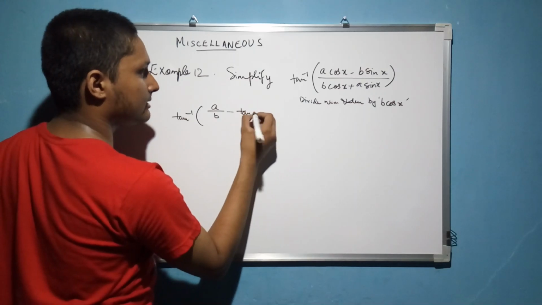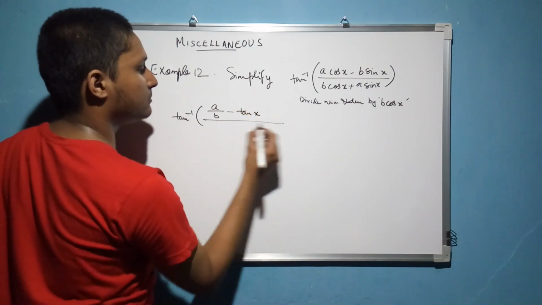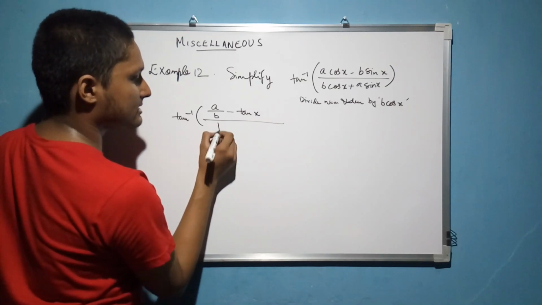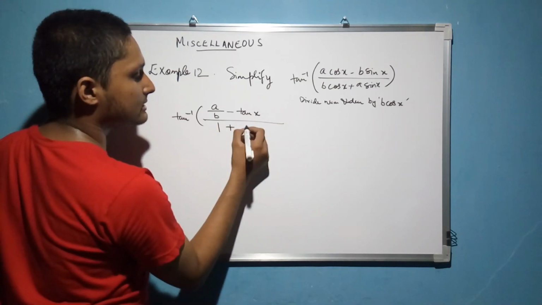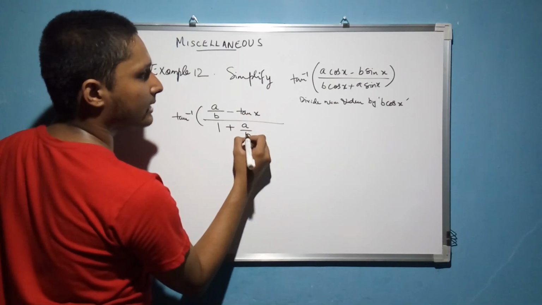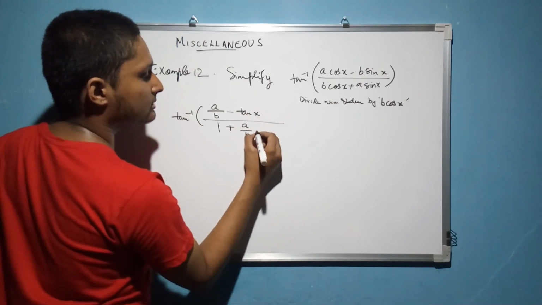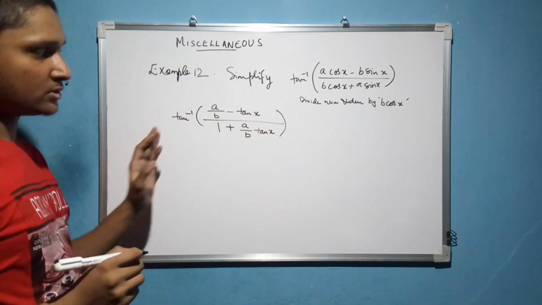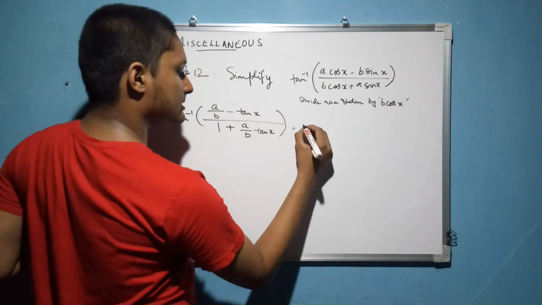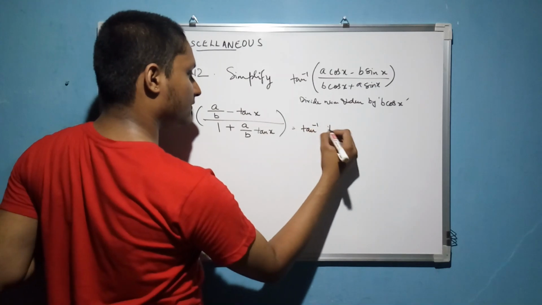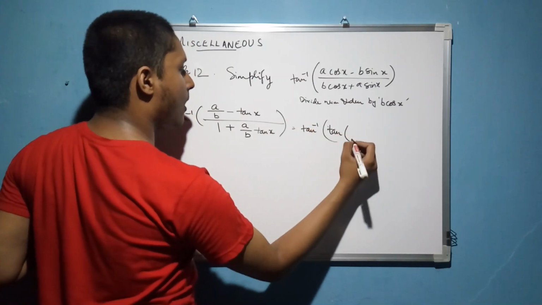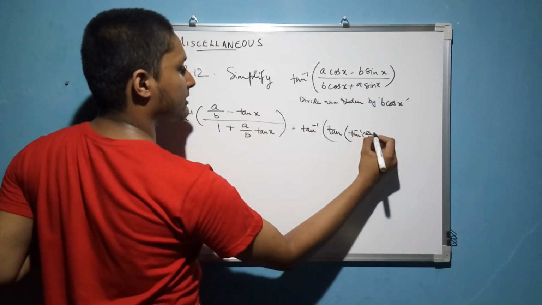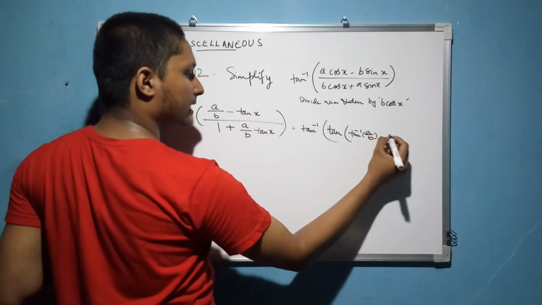You get tan x divided by, b and b is going to get cancelled, cos x and cos x, so 1 is remaining. Then you have plus a divided by b, sin x by cos x is tan x. So this is a term. So what are you going to get here? So this is tan inverse of a by b minus tan x over 1 plus a by b tan x.